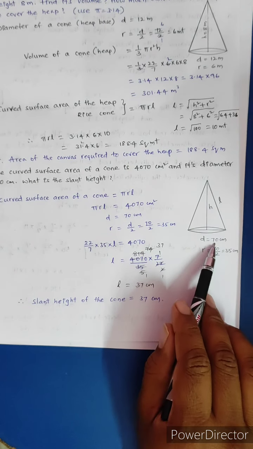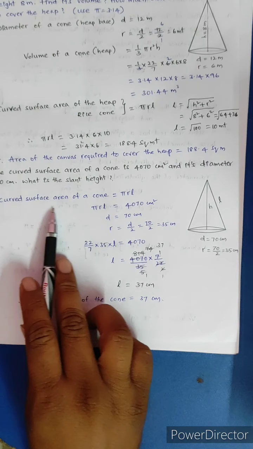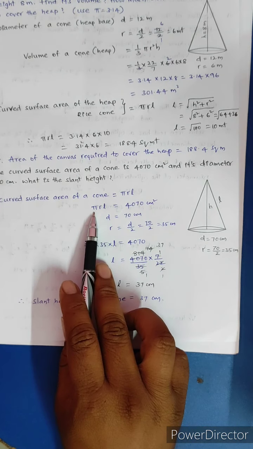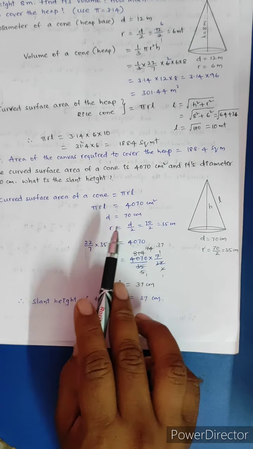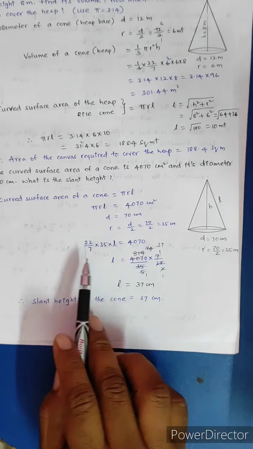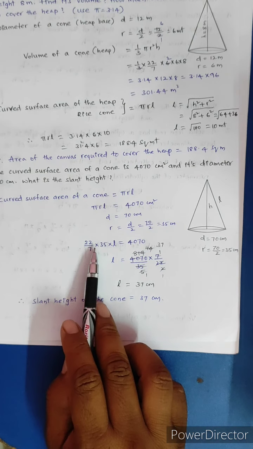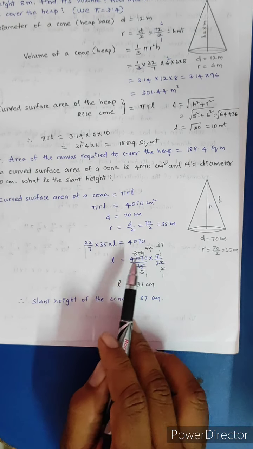Its diameter is 70, then radius is 35. Find its slant height. Curved surface area of a cone is pi r l, and the value given in the problem is 4070. Pi value is 22/7, r is 35, l we don't know, equal to 4070.